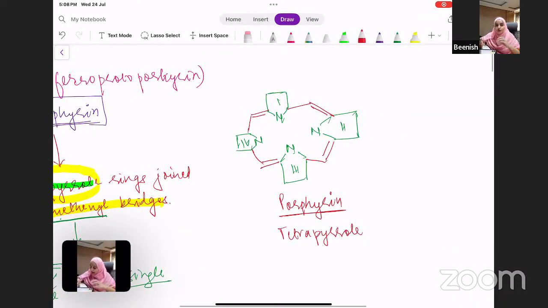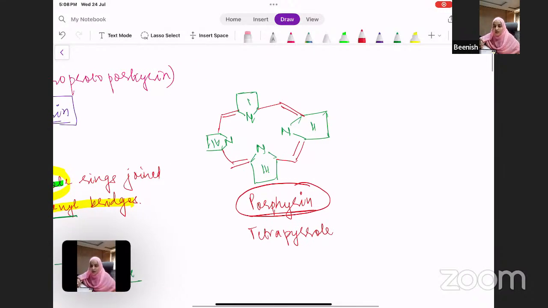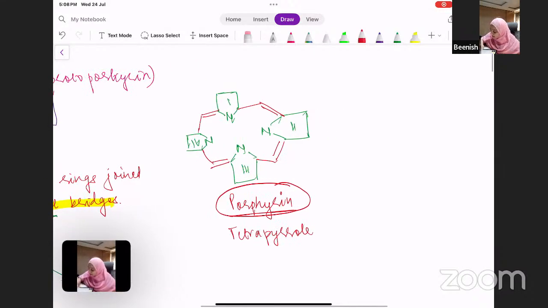Okay. And to the center of this porphyrin ring, you have iron chelated in the Fe2+ state, and that becomes your heme. So this porphyrin is a cyclic compound that readily binds metal ions, especially Fe2+ and Fe3+.